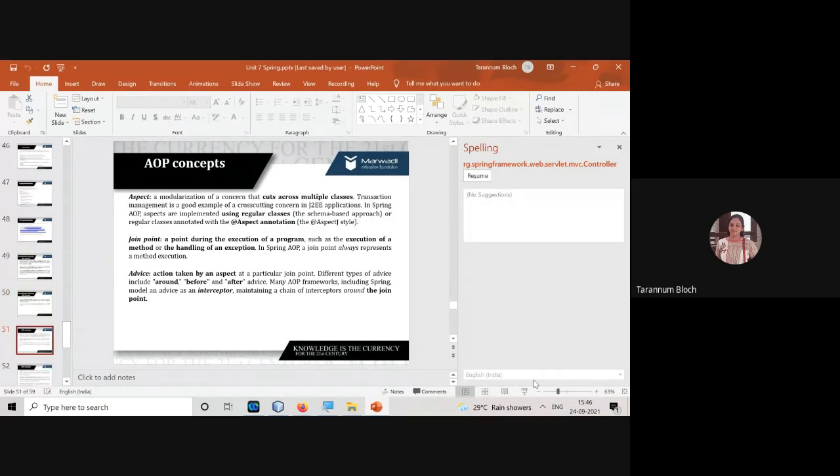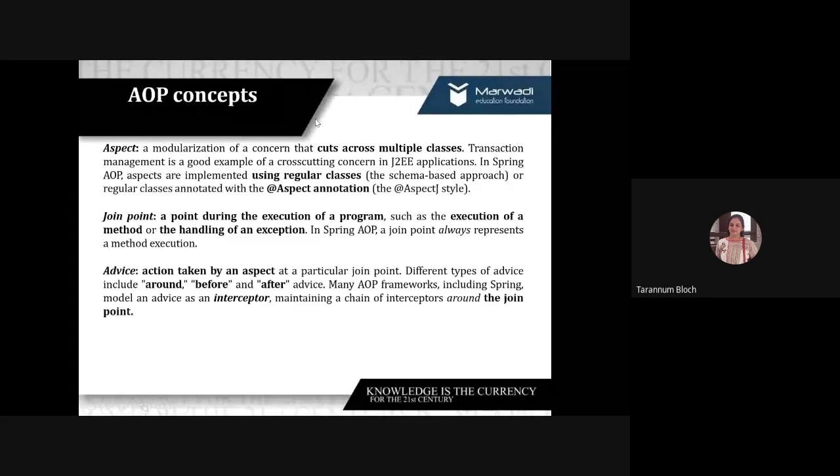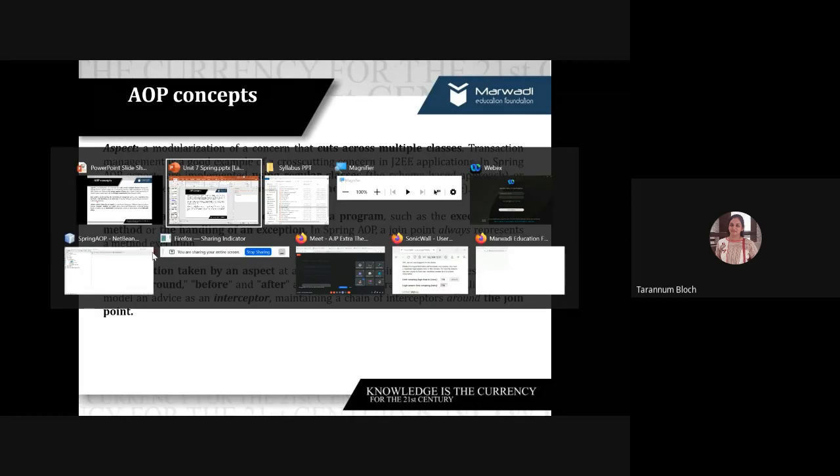So you can see here we said aspect is a class, a regular class, right? And now I'm saying join point. So join point is a method in execution. So in our case, method M is the join point.